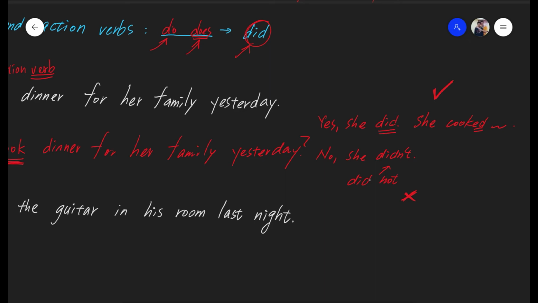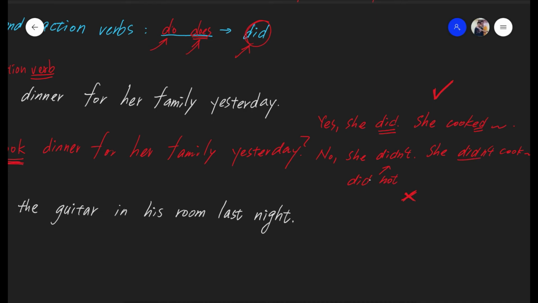For in this case, okay, if there is an action verb and we need to make a no sentence, we'll always need the help of a helping verb. 在否定回答当中，如果句子里面有动作动词，那么我们一定会用到那个助动词的帮忙。So she didn't cook dinner for her family yesterday.